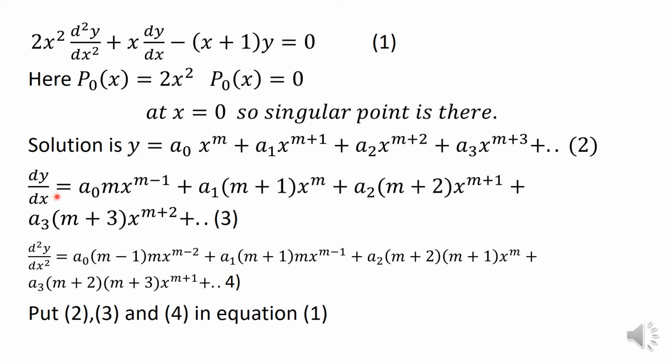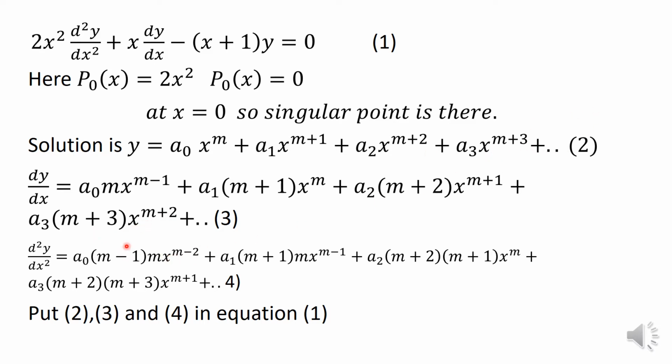So dy by dx will be: a naught m x to the power m minus 1 plus a1 (m plus 1) x to the power m plus a2 (m plus 2) x to the power m plus 1 and so on, plus a3 (m plus 3) x to the power m plus 2.